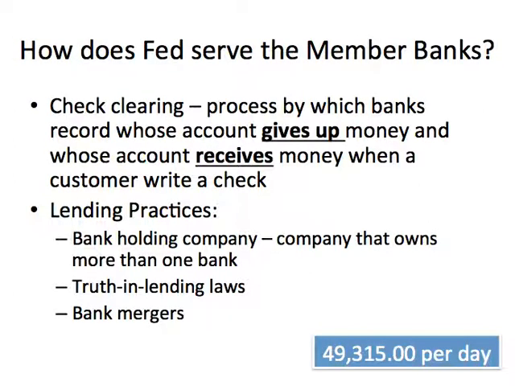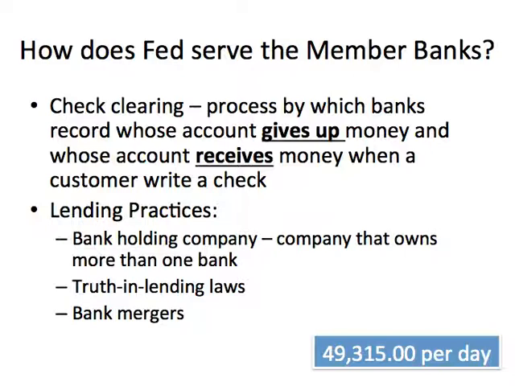All right, so I already kind of mentioned this, but how does the Federal Reserve serve member banks? Well, the number one thing is, again, check clearing. When you write a check to someone, that member bank sends that check into the Federal Reserve. The Federal Reserve sends it to the other bank to make sure the funds are in there. If the funds are there, then it's returned back to that member bank.